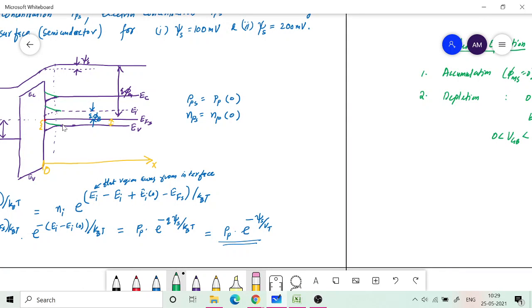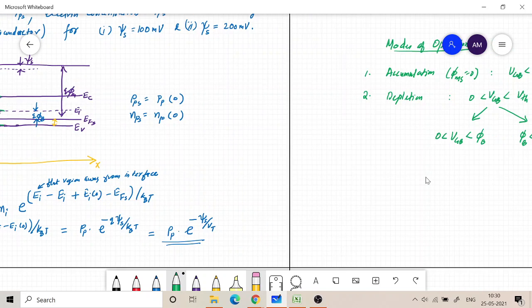If it is exactly equal to phi B, then your EI here will just coincide with the EFS. That means at the interface we have intrinsic region. Any bending beyond that is going to make it n-type at the interface.